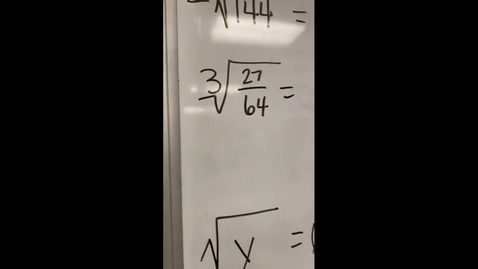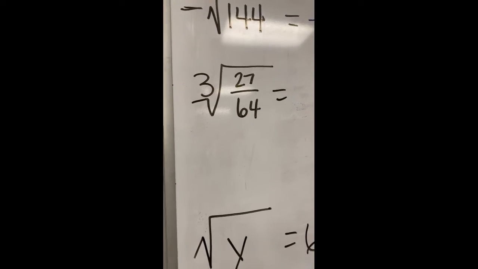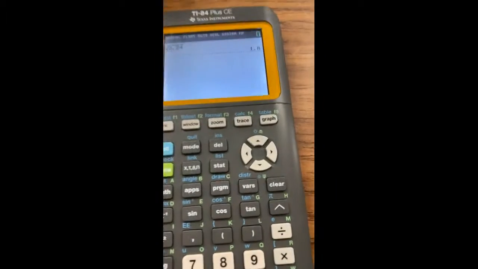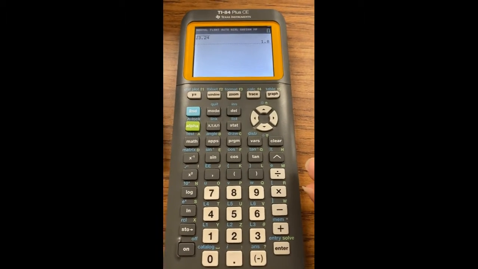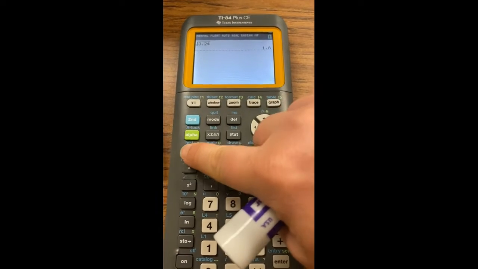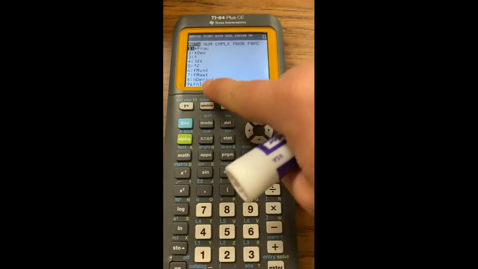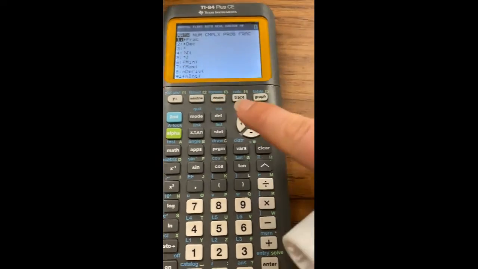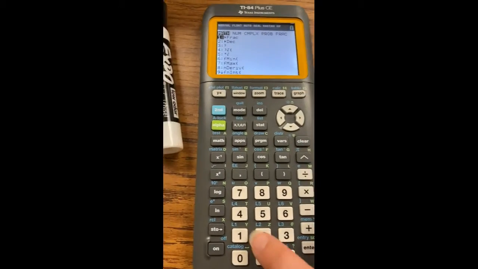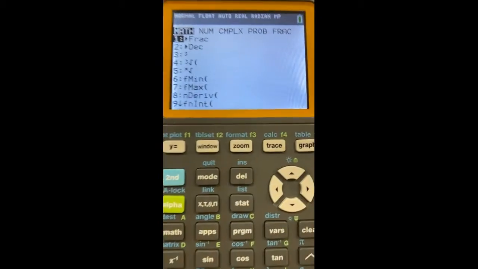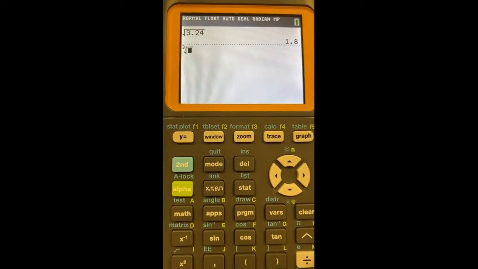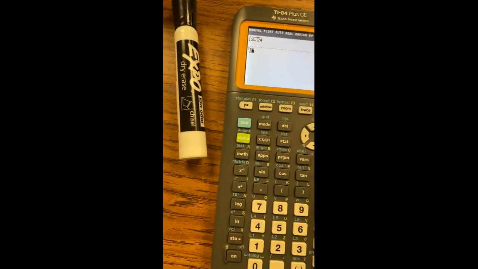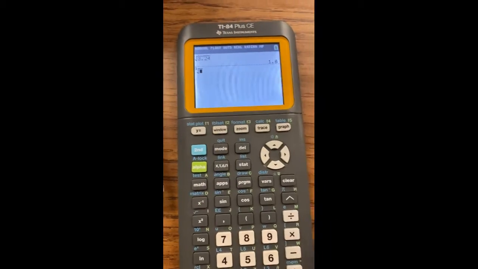All right, next we have a cube root. So we have a cube root of 27 over 64. That's easy. We're going to go to math, and we're going to push number 4, or you can use these buttons. I'm just going to push number 4 because that is my cube root, okay? And it is 27 over 64.